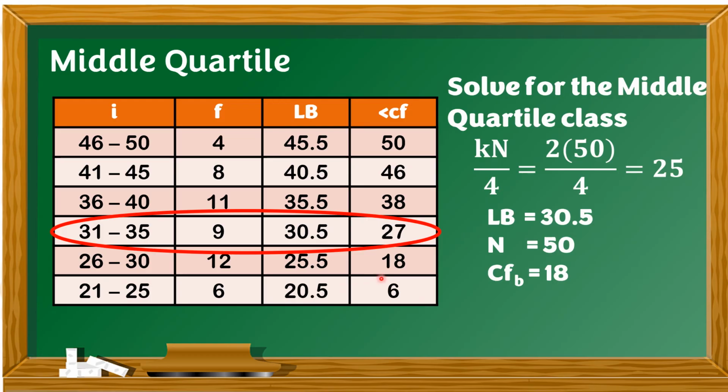So this is the cumulative frequency below the middle quartile class. Since this is the middle quartile class, therefore CFB is 18. And then next is the frequency of the middle quartile class, which is 9. And the interval is 5. Next step is we're going to solve for Q sub K.